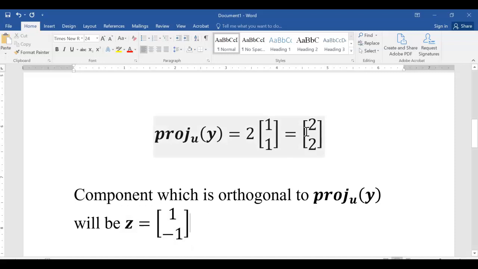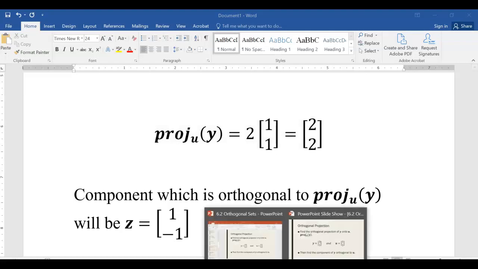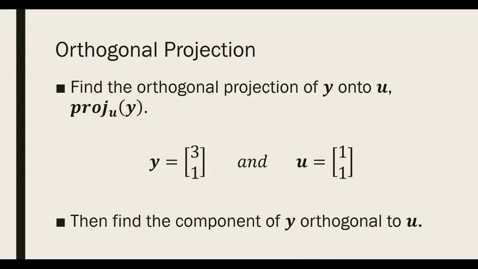And if you notice what's happening here, if you take the inner product of (2, 2) with (1, -1), you do get 0. So it'll always be the case that when you project it this way and you find your z, the z will be orthogonal to the projection, which is a really, really nice property to have.